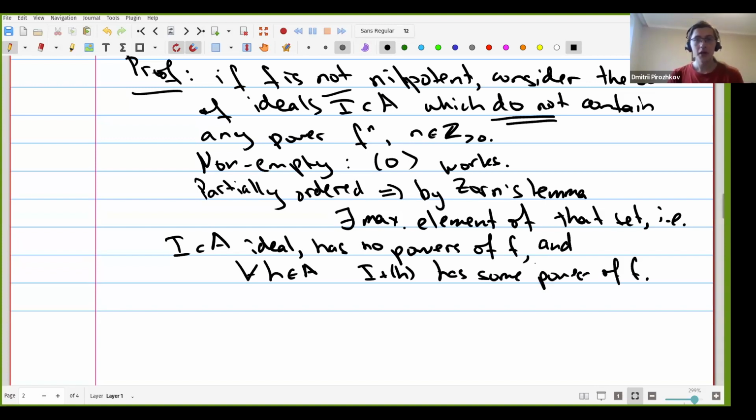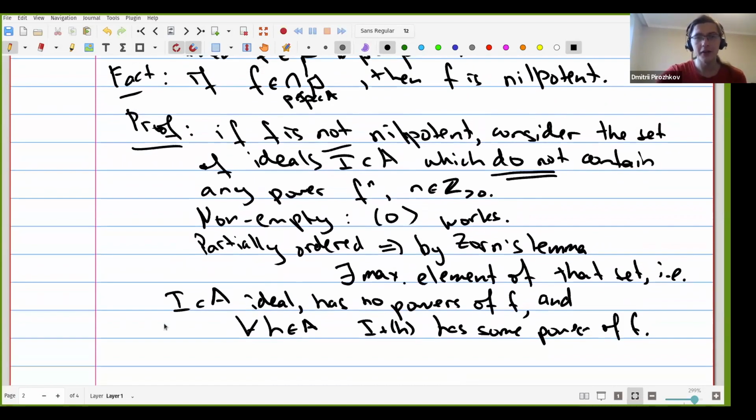What I want to say to prove my statement is that this ideal I that I have found will be prime, so that if f is not nilpotent, I will find a prime ideal that does not contain f because it contains no powers of f at all.